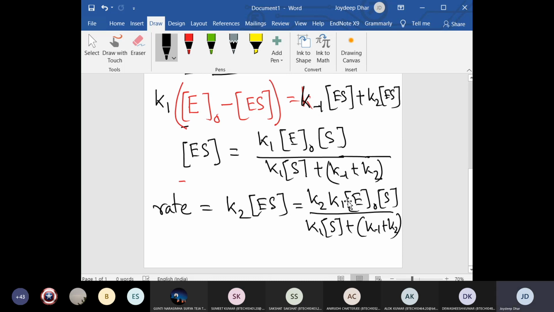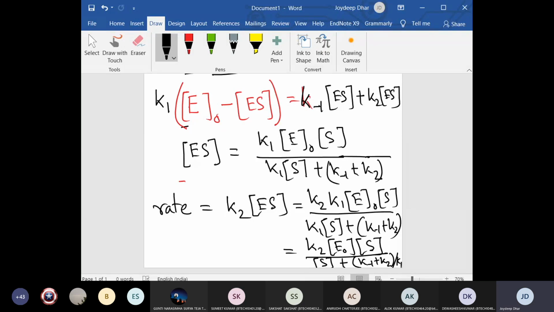Now if I rearrange the equation, just like if I divide with K1, then I will have K2 E0 S, and you will have S into ratio of K minus 1 plus K2 divided by K1.